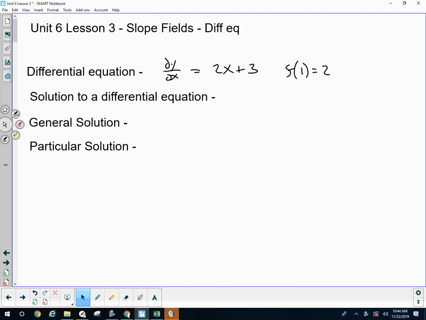We have been solving differential equations like this. I know that if it's f prime, if it's dy dx, just the same, I can replace this with f prime and find f.